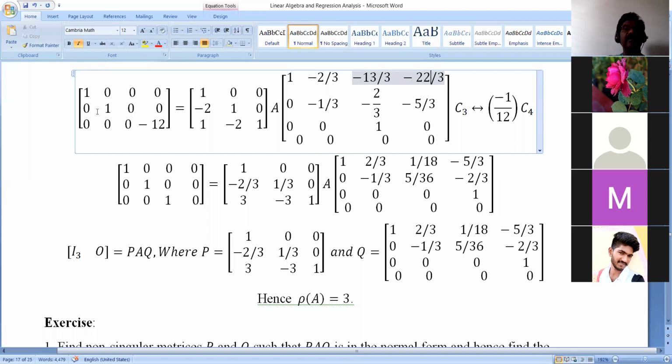That is, the first two columns are the same, 1 0 0 0 1 0, and interchanging the third and fourth columns, multiplying the fourth column with minus 1 by 12, that is 0 0 1 and 0 0 0. The last column is 0. Next, there is no change in this matrix.